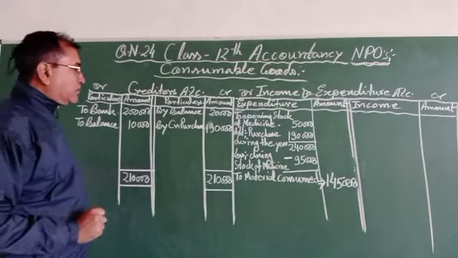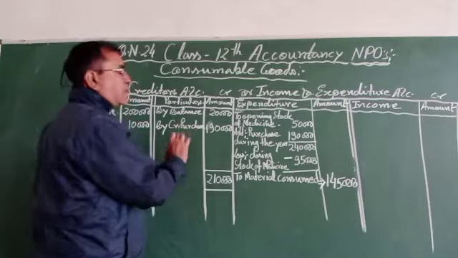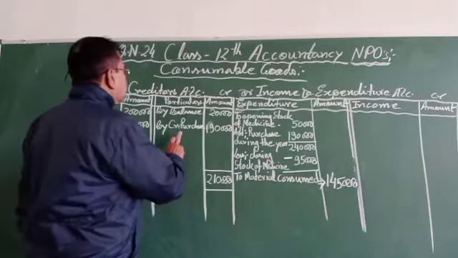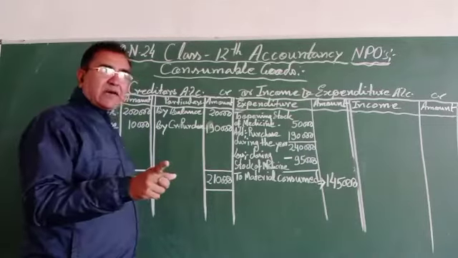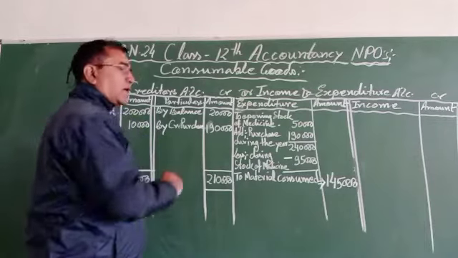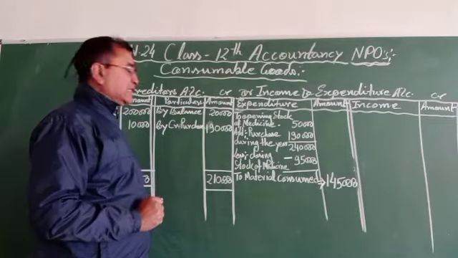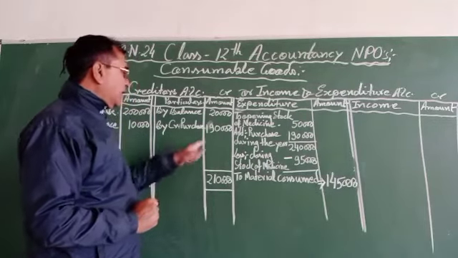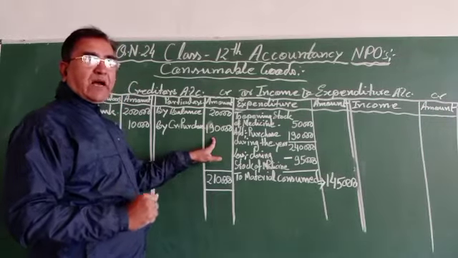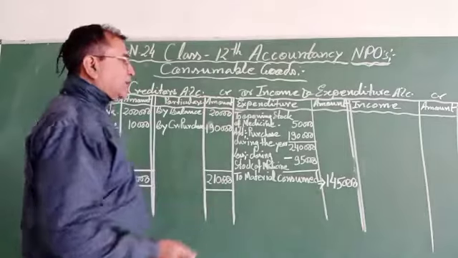Then after the balance of this one, the credit balance, the debit balance will be the credit purchase of the assessment year, that will be 1,90,000.